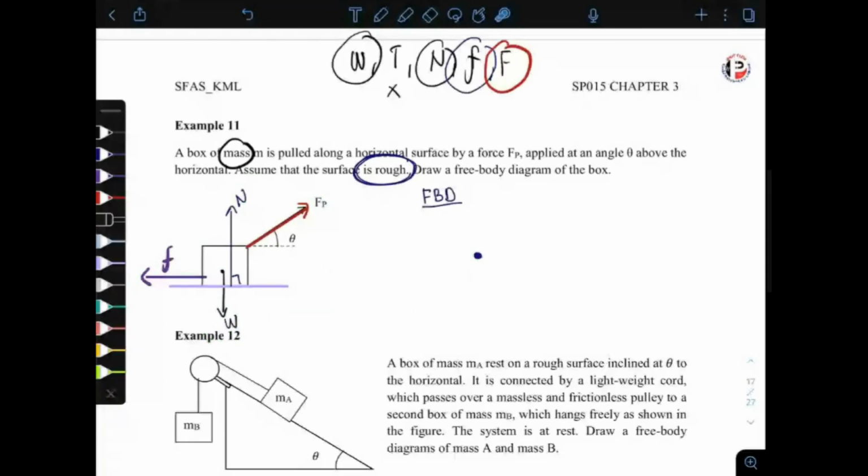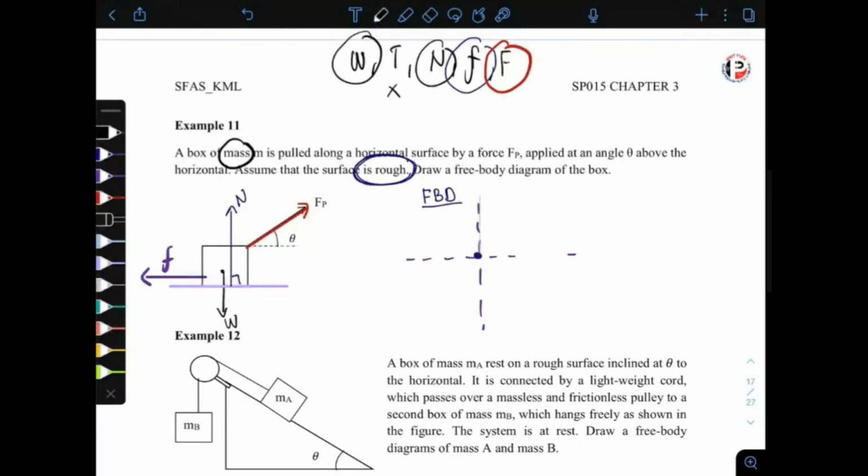Sama kes macam kita masukkan dalam Cartesian plane. Dalam Cartesian plane kamu akan ada x-axis, y-axis kan. So objek kamu sentiasa kita letak dekat origin. Lepas tu transfer semua forces kamu ini ke dalam Cartesian plane kamu, starting from the origin by not changing the direction. So kamu punya normal force dekat sini akan ke atas.